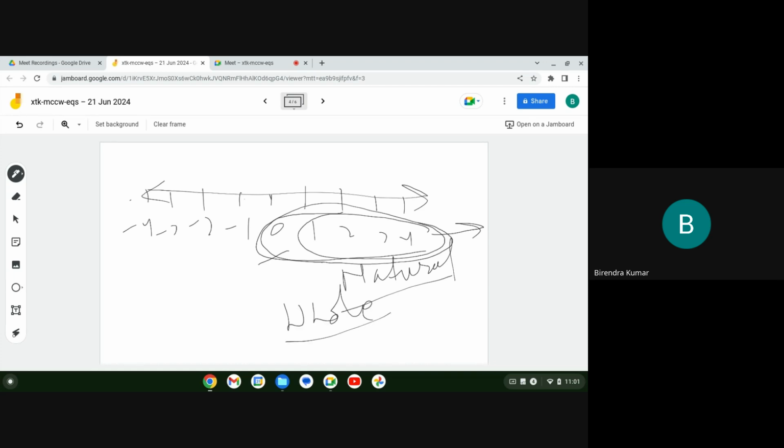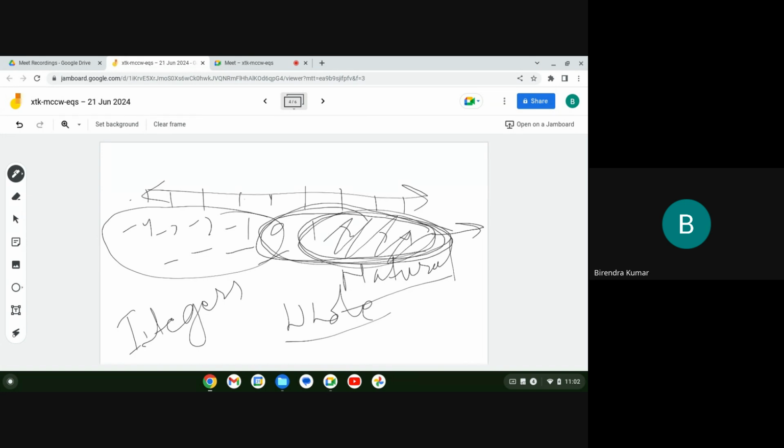So that's the smallest difference. Now, if you include minus also, meaning whole numbers plus negative numbers, that becomes integers. Only this much is called natural numbers. Include zero, this becomes whole numbers. Include negative numbers, that becomes integers.